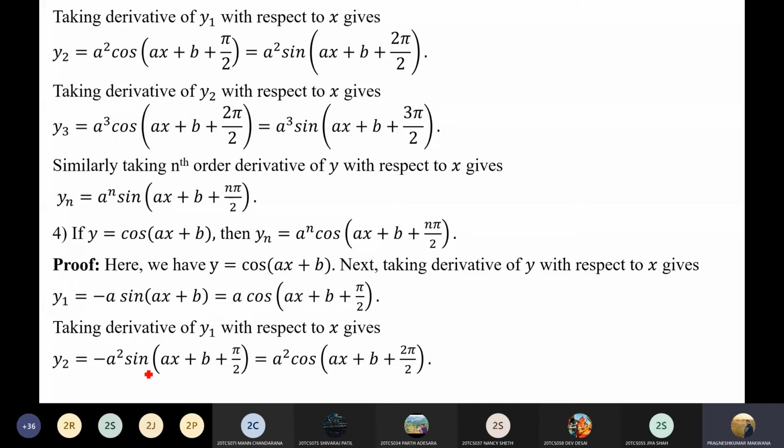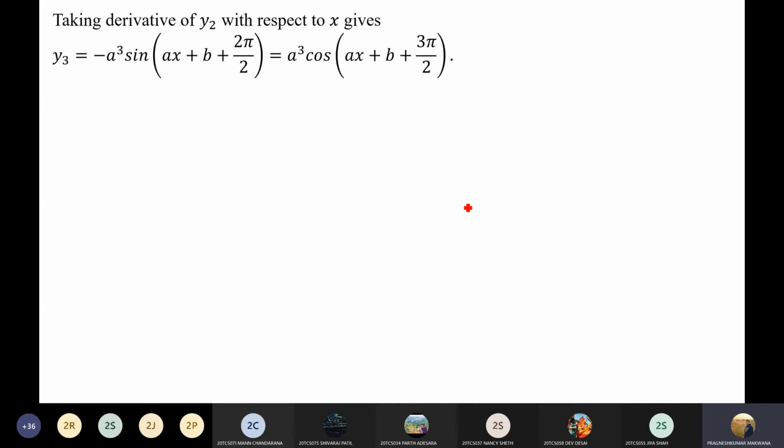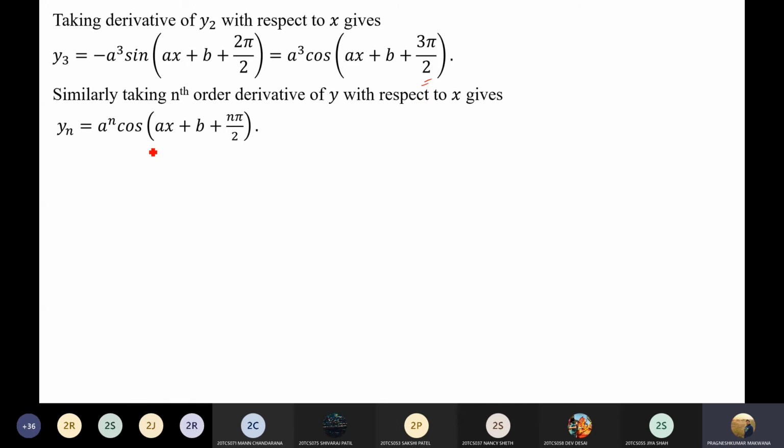But we know that minus sine theta is equal to cos of theta plus pi/2. So again cos(ax plus b plus 2 pi/2). Now similarly y3 is obtained by the same concept, and you can generalize. We obtain this result, so you can remember this result because we use it directly in the exam.